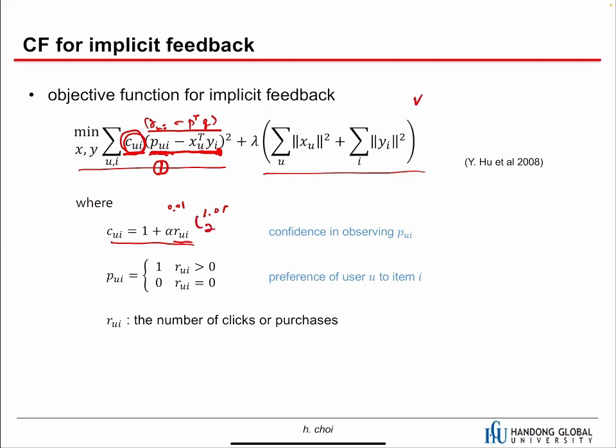So between 1 click and 100 clicks, the difference in C sub UI is just twice. Based on this click information, we can estimate how likely the user would click that item or not, so we can recommend which item should be displayed on the user's screen.